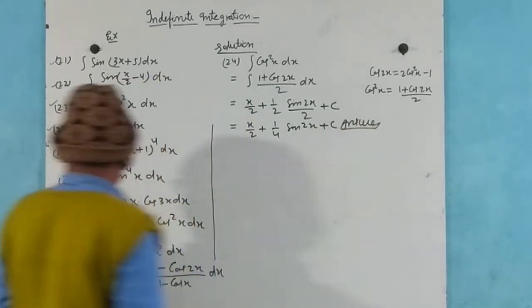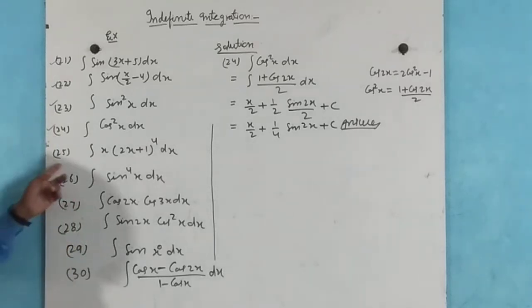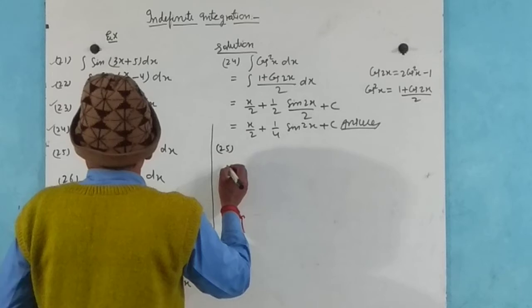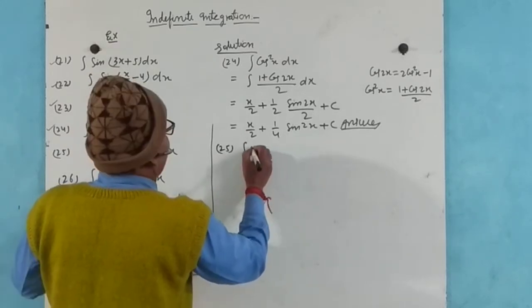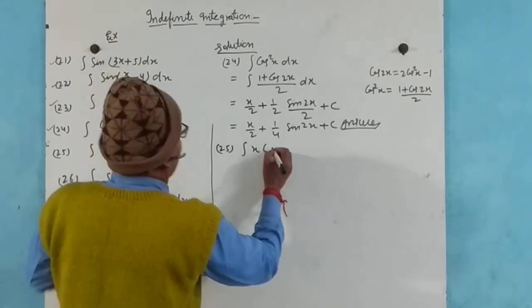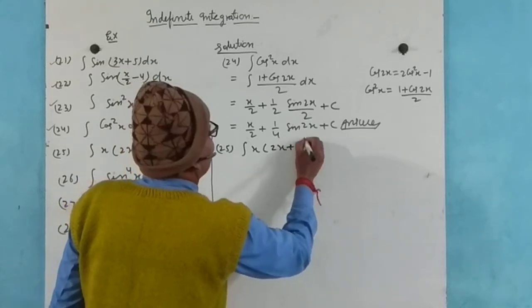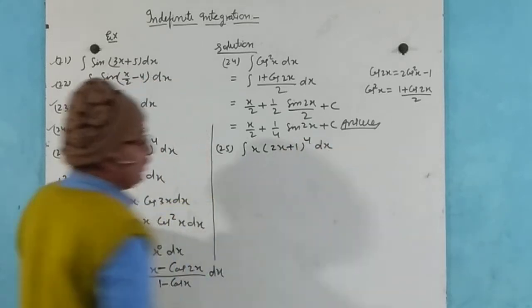Now next problem, 25: integration of (2x plus 1) to the power 4 dx.